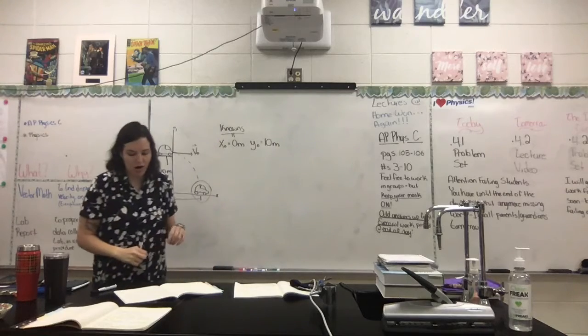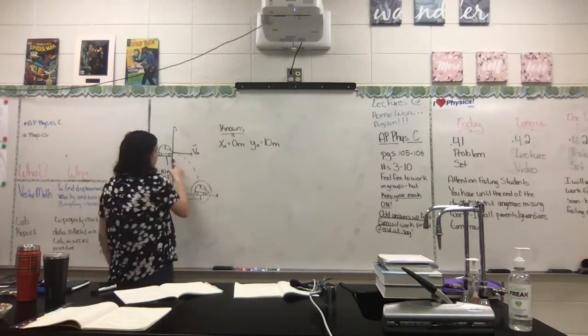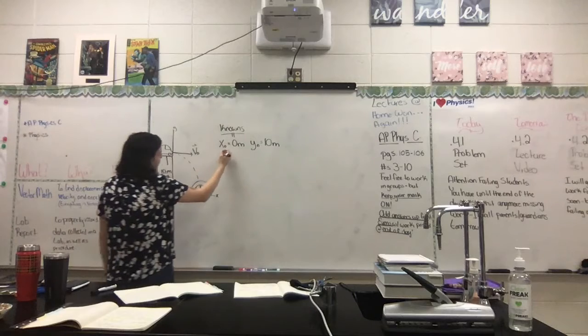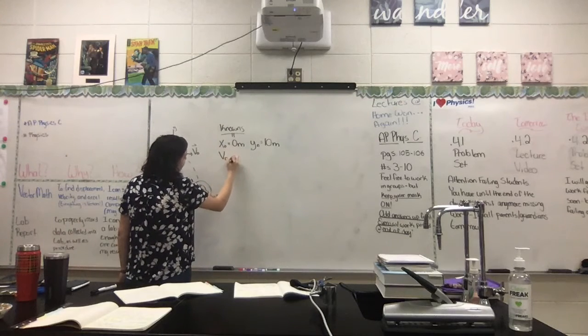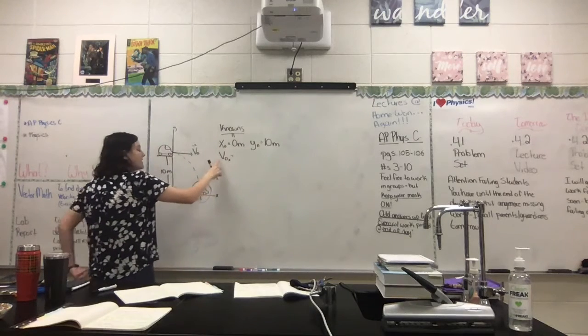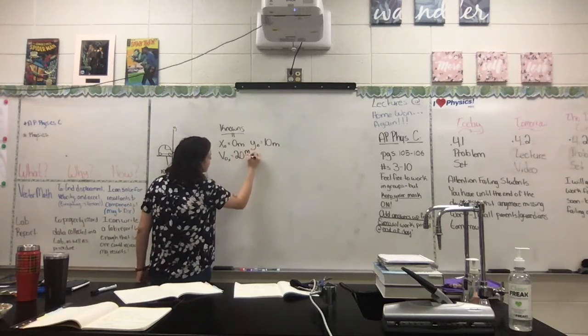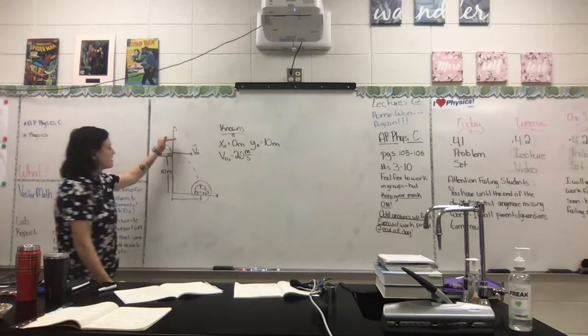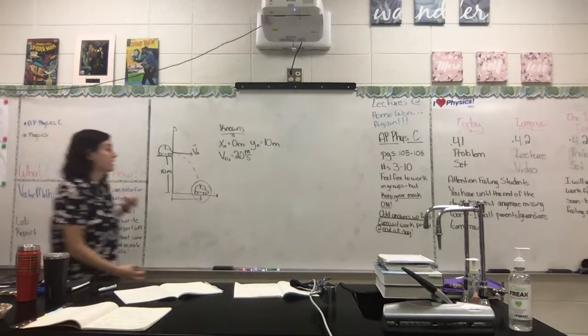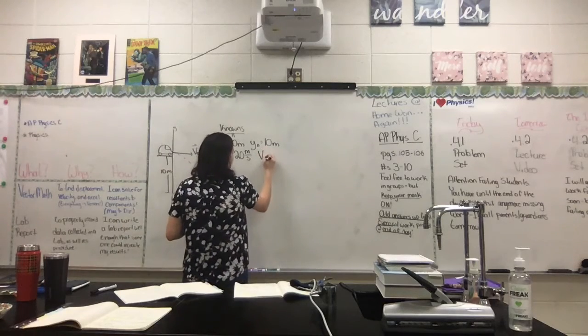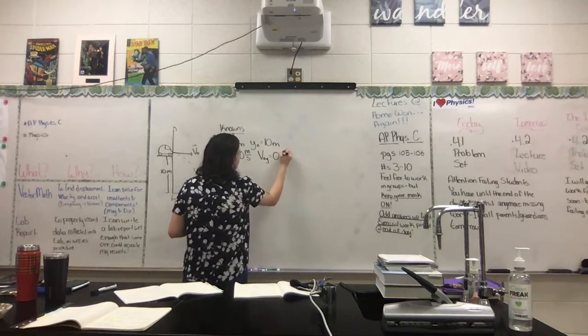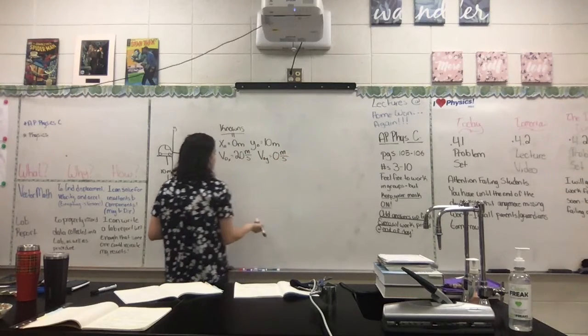Okay, what about our velocities? Well, he's going in the x direction as he drives off the cliff. So our initial velocity in the x direction is going to be 20 meters per second, but you'll notice there's no y component here. So his initial velocity in the y direction is going to be 0 meters per second.